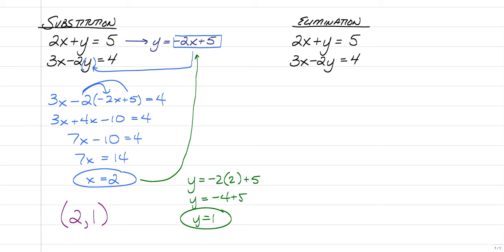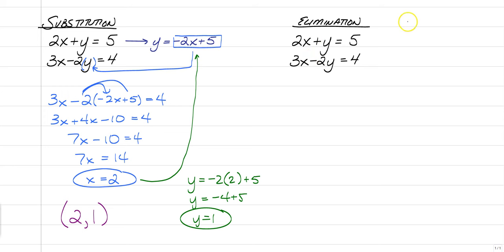Now, when you're solving by elimination, you're still going to get the same answer, but the process is a little different. Okay, so what you need to do with elimination is you want to eliminate a variable by multiplying. There's a couple of different ways. You can get x to disappear, you can get y to disappear.